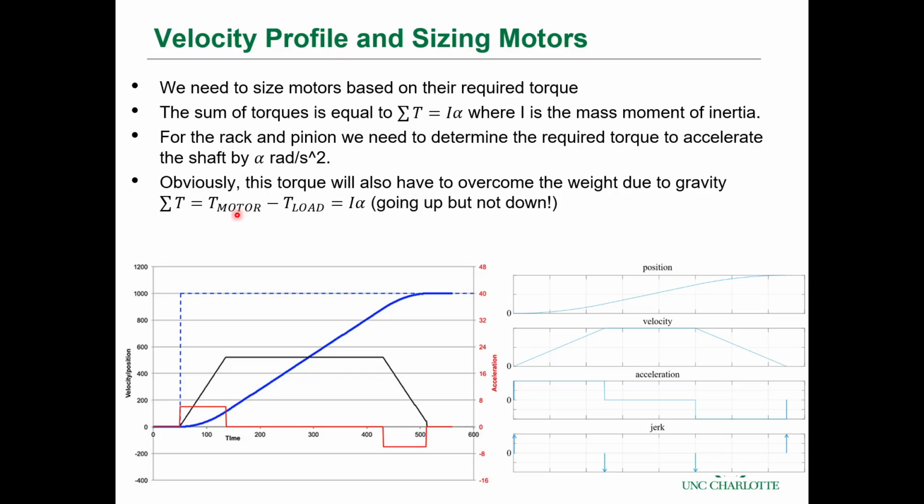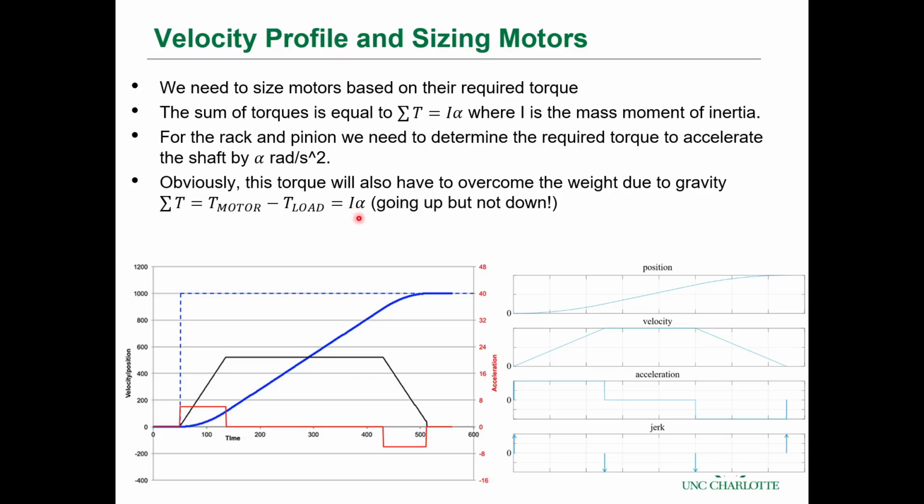You can look into those details, but if we sum these torques equal to I alpha, then the torques on the left hand side is going to be the torque supplied by the motor minus the load on the shaft that we're going to be experiencing from gravity, and then it's going to have to equal I alpha. So if we can define the geometry of what the motor is driving, then we can find the size of the motor that we need for this.